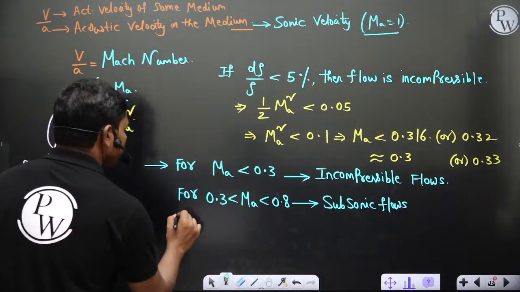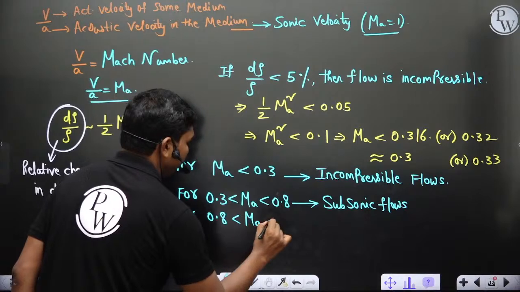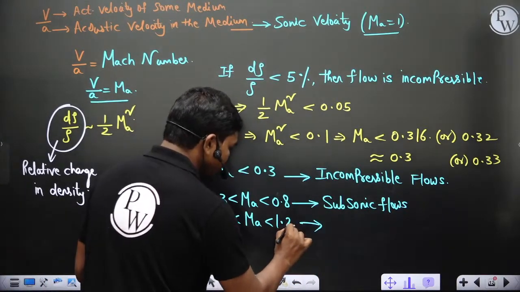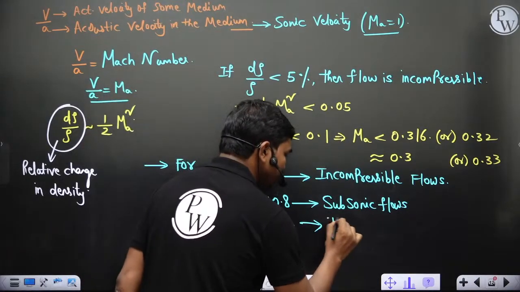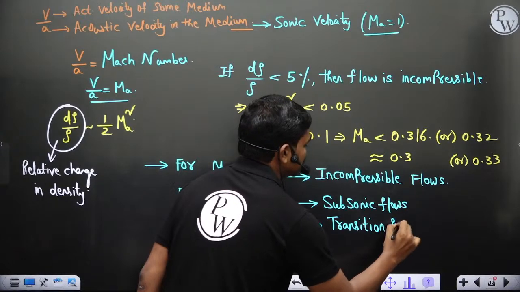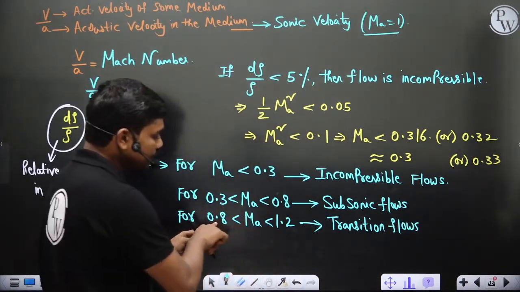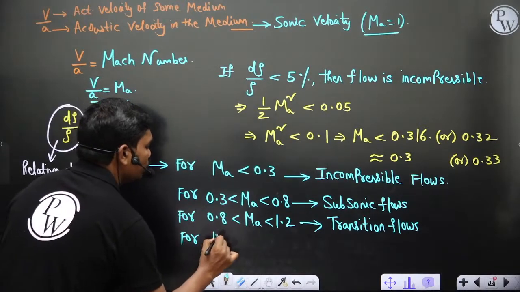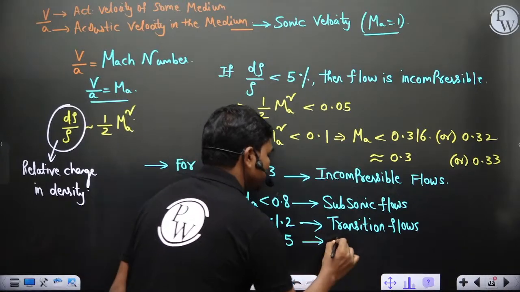And for 0.8 to 1.2 roughly, here you can see there is a transition from subsonic to supersonic, so we call this transition flows. Like how you have a transition between laminar and turbulent, here we have the transition from subsonic to supersonic. For Mach number from 1.2 up to 5, we call this supersonic flows.